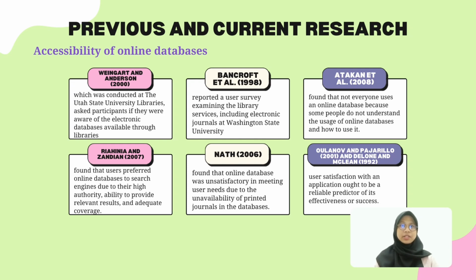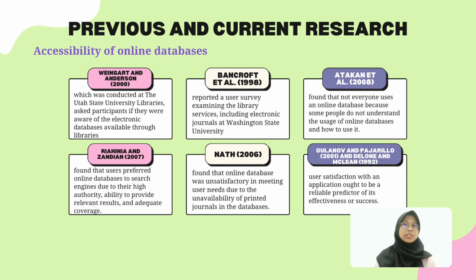There is numerous research that focuses on the system's interface, and a strong and efficient interface is crucial for the product's successful operation. A research by Olanov and Pajarillo in 2001 and research by Dillon and McLean in 1992 concluded, based on their model of information system success, that if the correlation is valid, user satisfaction with an application ought to be a reliable predictor of whether it is effective or successful.